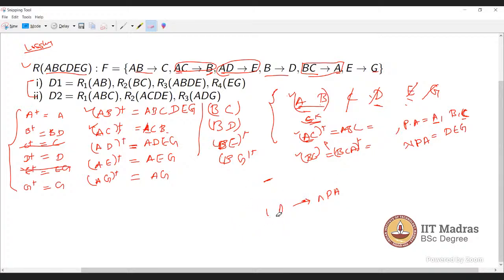So this was about the candidate key, prime attribute and non-prime attribute. Anyone would like to try the decomposition? Anyone have any confusion about how to check whether the decomposition is lossy or lossless?